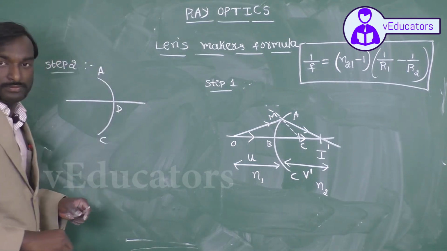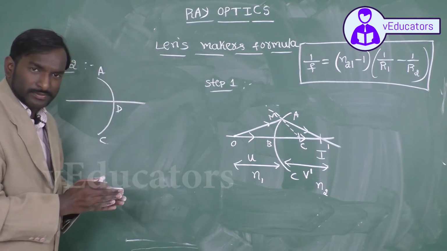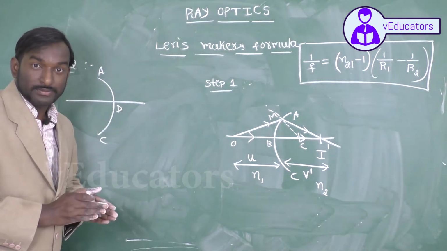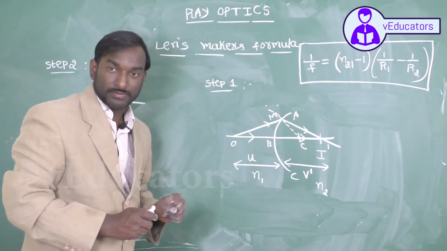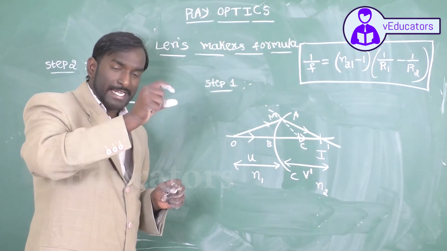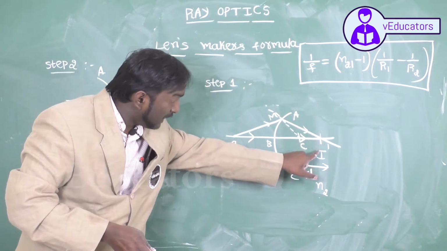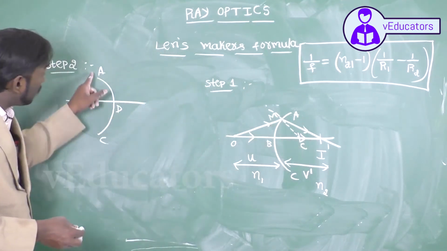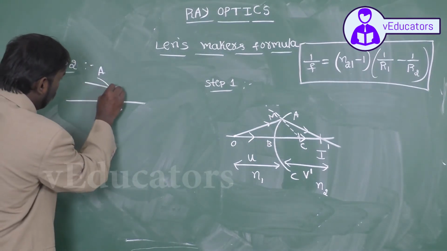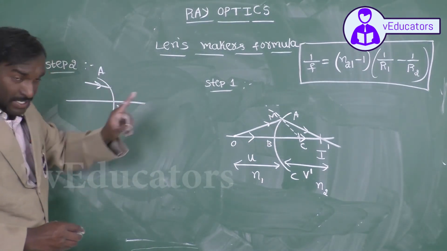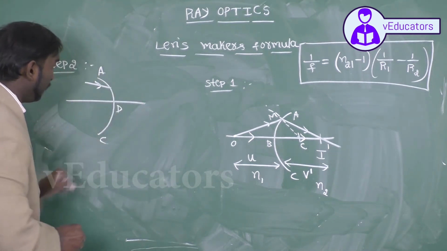In the presence of the second surface, that is ADC, if you say lens, there will be two surfaces. Because of the first surface, the image is I dash. We are not going to place any image inside the lens, but this image I dash acts as a virtual object for the second surface. So image I dash is a virtual object for the second surface ADC.